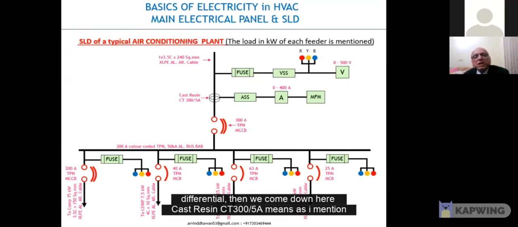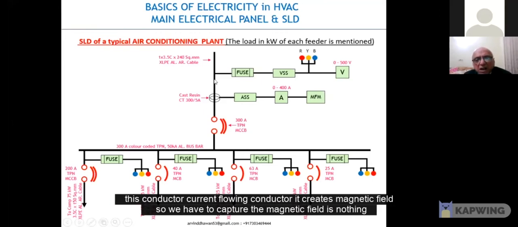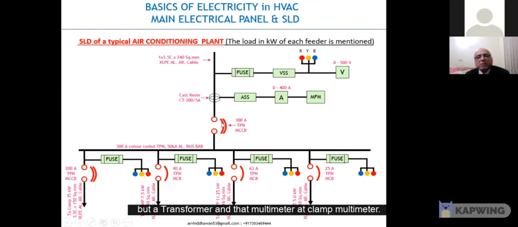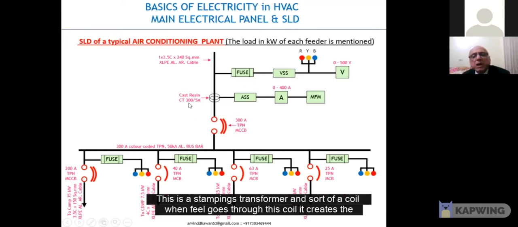Then we come down here, cast resin CT 300/5A. Means, as I mentioned, when current flows in a conductor, it creates a magnetic field. So we have to capture that magnetic field. This is nothing but a transformer, as I mentioned in that clamp-on multimeter.